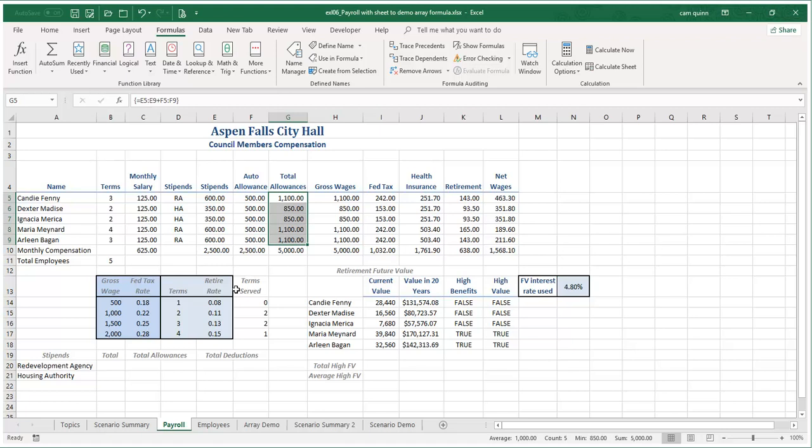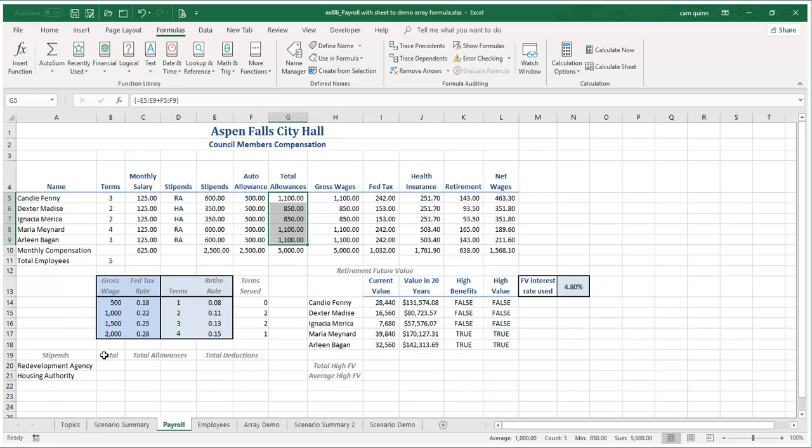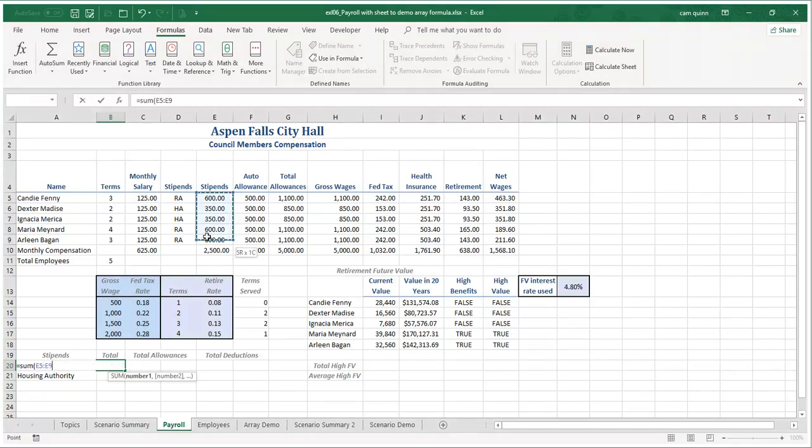Okay. So they're doing the same thing here. So they're going to D20. So here I'm going to do equals SUM, E5 to E9, plus F5 to F9. Okay, and then Control Shift Enter to get my total. And again, I could have simply gone up and done it by adding them together.